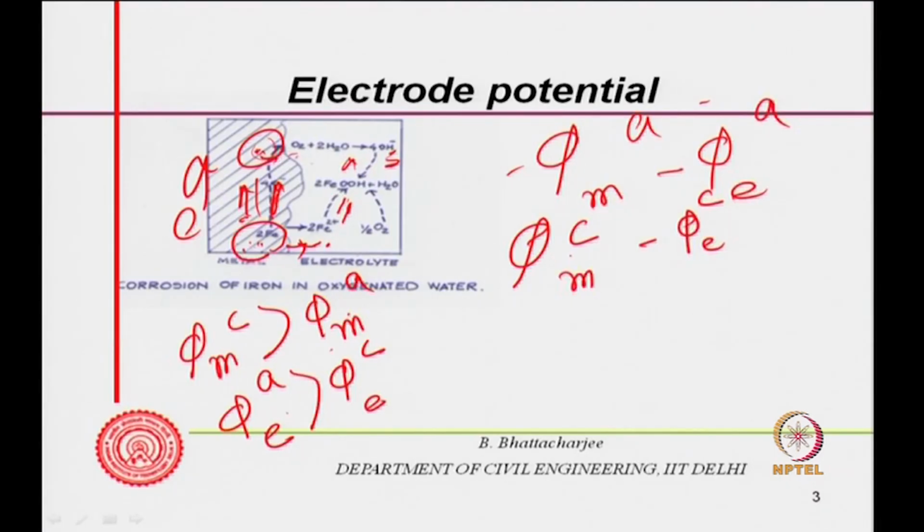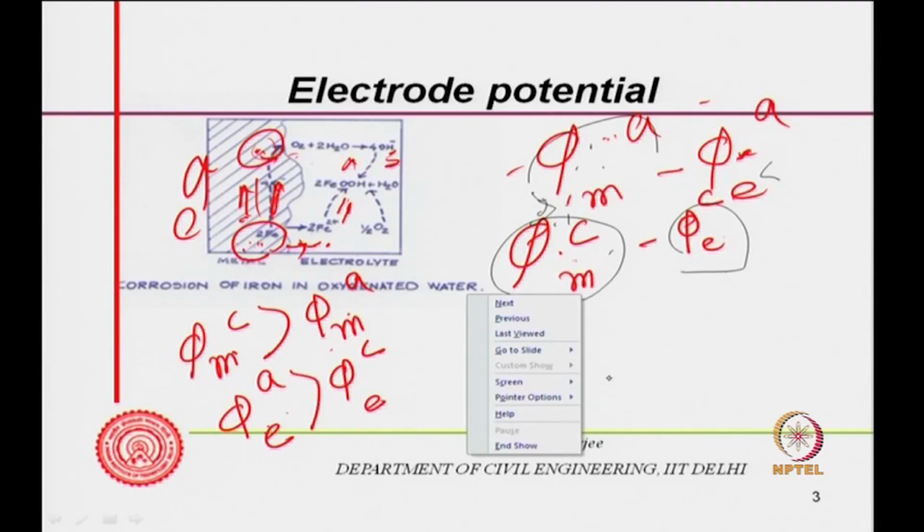Now, phi metal cathode was greater than phi metal anode, and phi electrolyte anode is greater than phi electrolyte cathode. So, at the anode I am subtracting a larger value from a smaller value, and at the cathode I am subtracting a smaller value from a larger value.